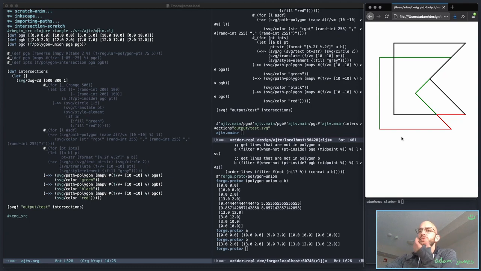The union of those. But instead I have just 1, 2, 3 line segments, and then it stops working. So I have to try to figure out what's going wrong there. Onto that set of problems, which is always going to be interesting.